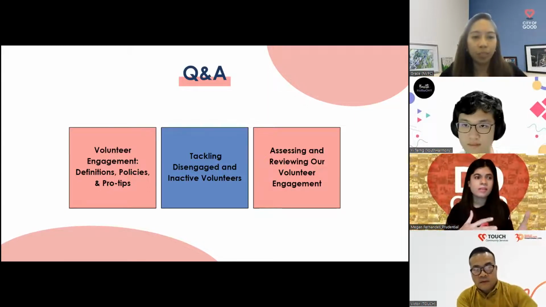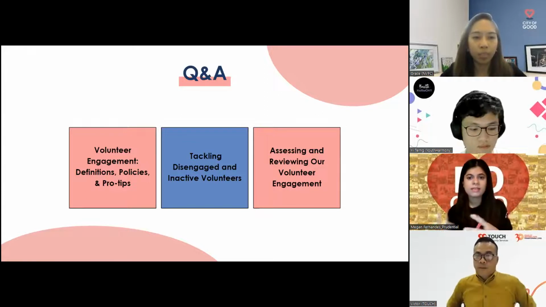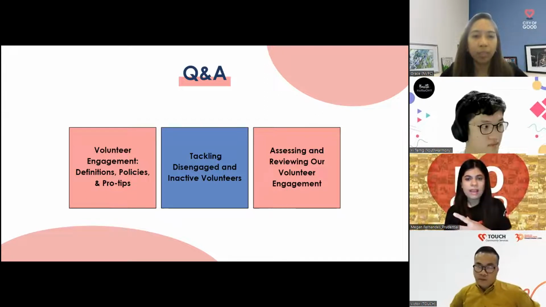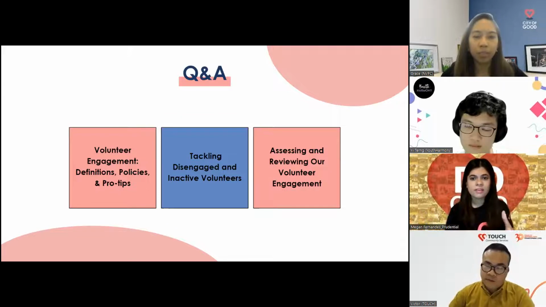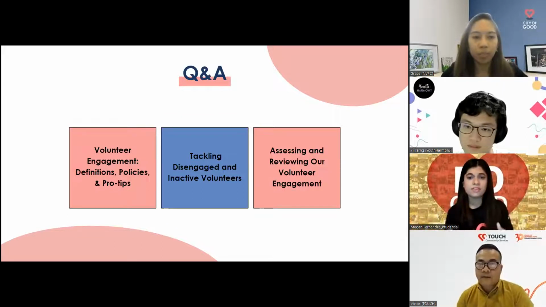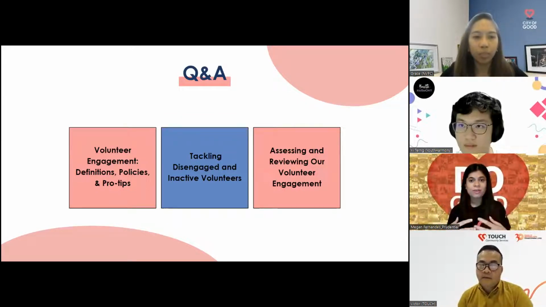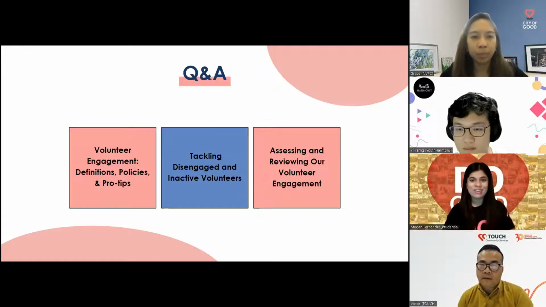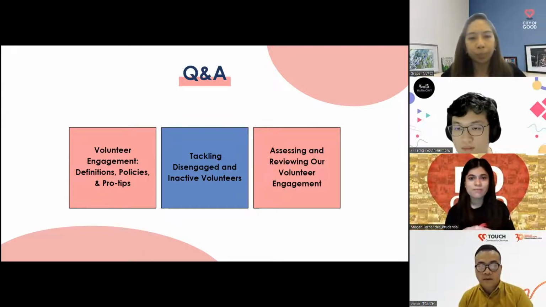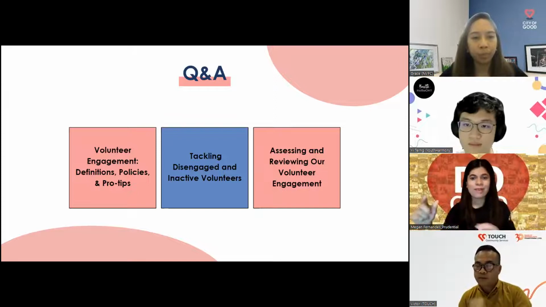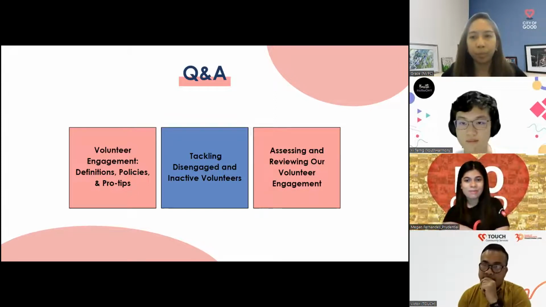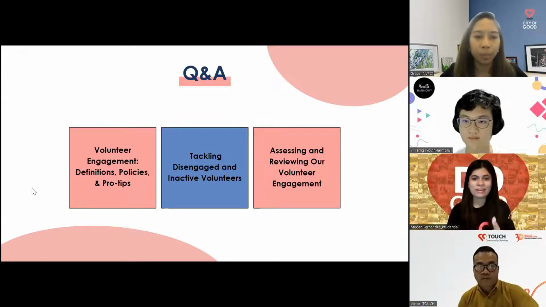Sometimes there are activities that require more commitment than others. And then maybe the volunteer signed up for it, underestimating the demands of the job, especially in my corporate context where they are already juggling a lot of commitments. So finding the right volunteer for the right intervention, the right beneficiary, is important. Yeah.